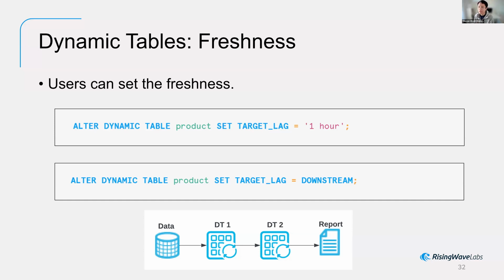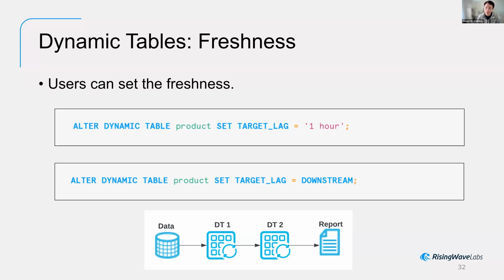The first way is that you can just let Snowflake know to refresh my table every single hour. You can do that using this query: alter dynamic table product set target lag to 1 hour, right?